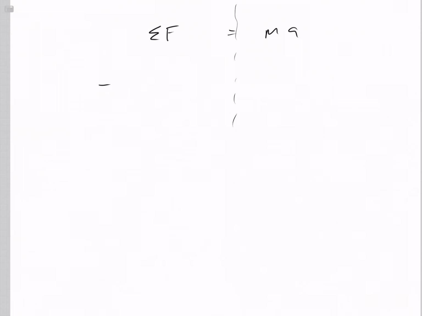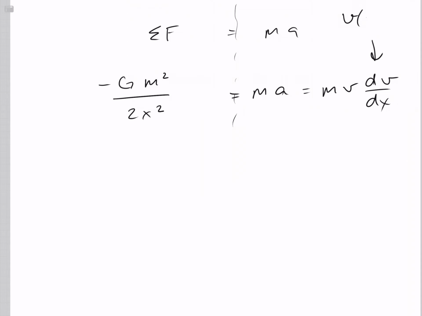So for the left side, we have that gravity equation where we put in these values, and that equals mass times acceleration. And from the substitution, we also know that this equals v dv/dx. Now we can use this as a function of x in terms of velocity. We can cancel this out and simplify it, and then move these to separate sides with their variables.